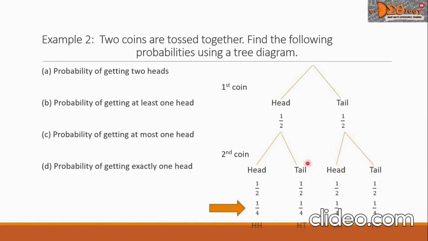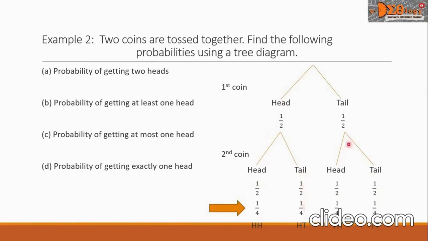Now, let us multiply the probabilities. So, turning head in the first coin and turning head in the second coin, that is 1/2 times 1/2, and the answer is 1/4. Now, here, when the first coin is head and the second coin is tail, the probability will be 1/2 times 1/2, and the answer is 1/4.